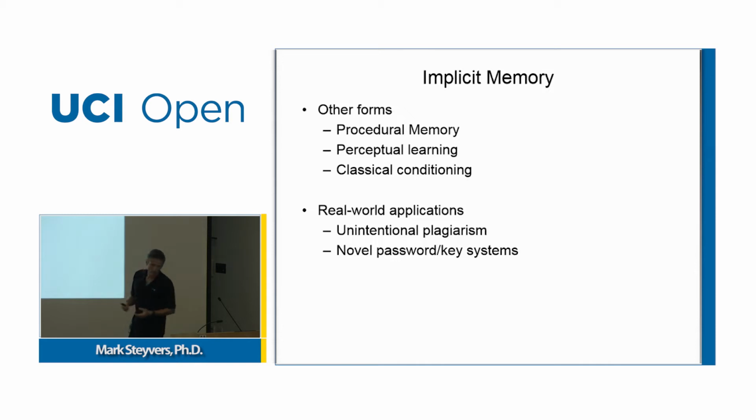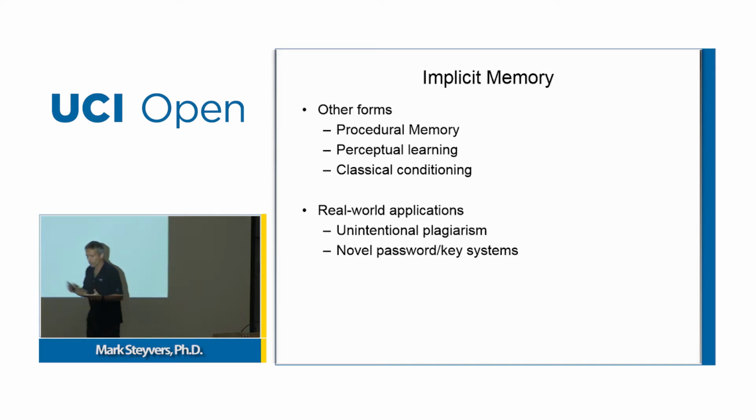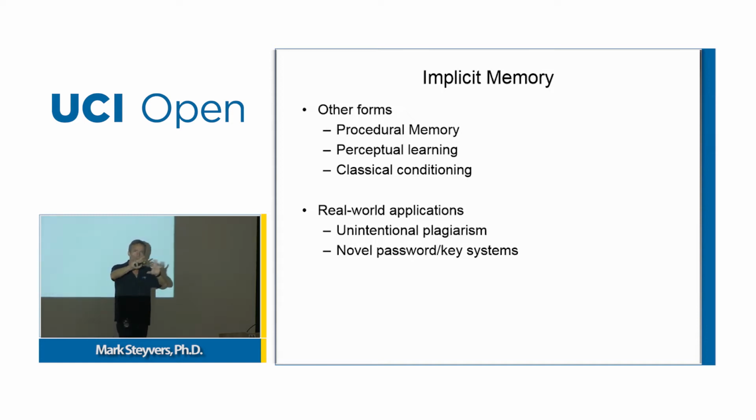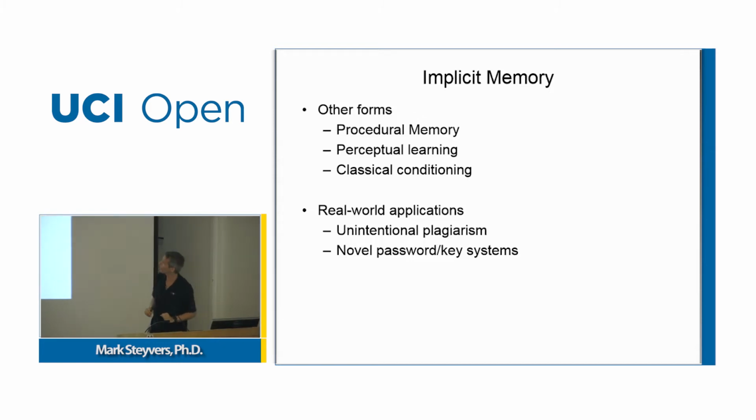But clearly these are long-term memories that are helpful. There's also perceptual learning. If you do a lot of video gaming, you become better, quicker, because you learn about your visual environment in these games. It's improving your performance. Next week we'll talk about classical conditioning, stimulus-response relationships.